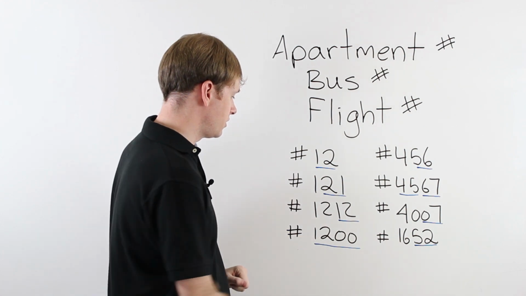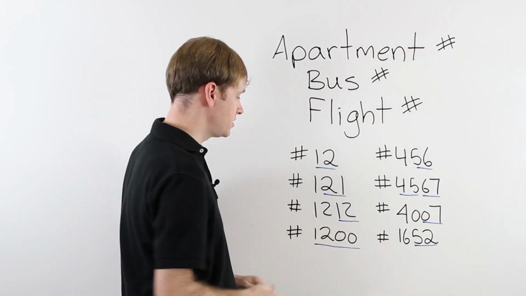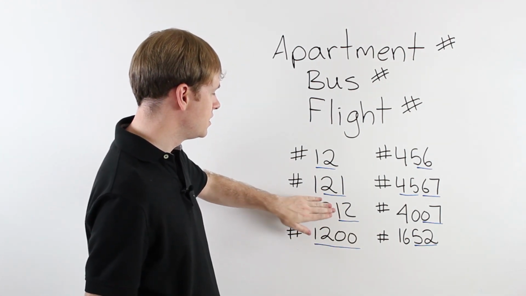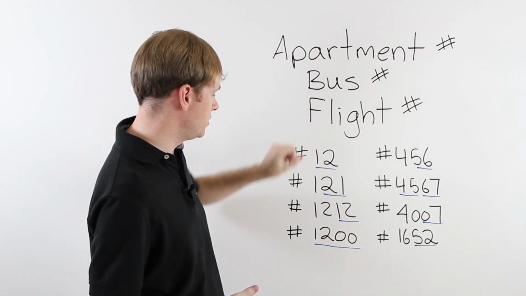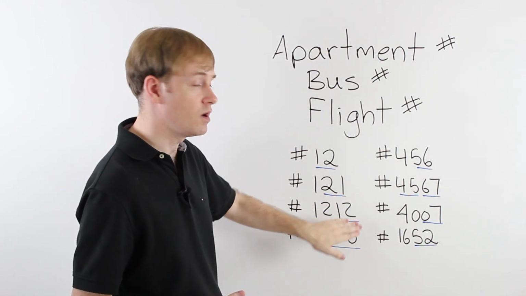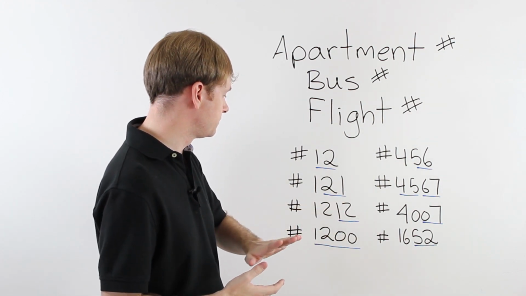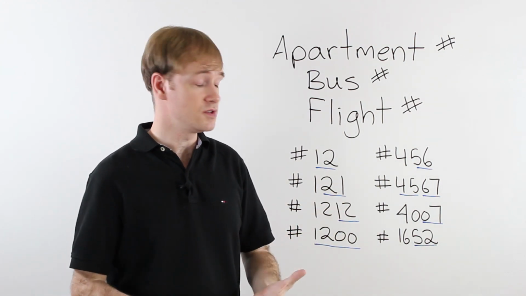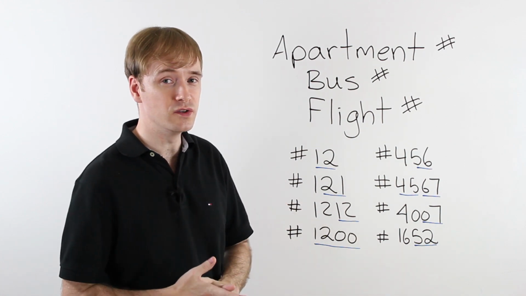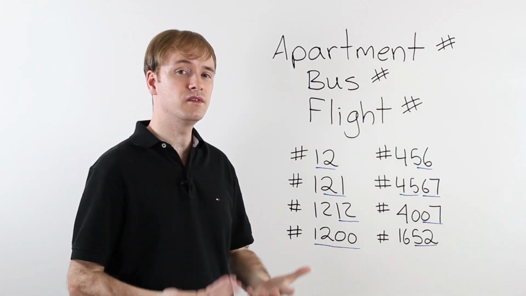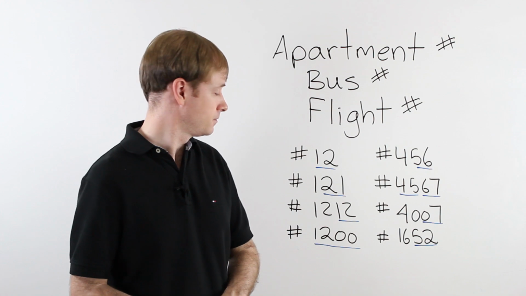The next one, okay, let's look at the last two numbers, 12, 12. So we would express apartment number twelve twelve, bus number twelve twelve. You can also say number one two one two, but twelve twelve is more common.